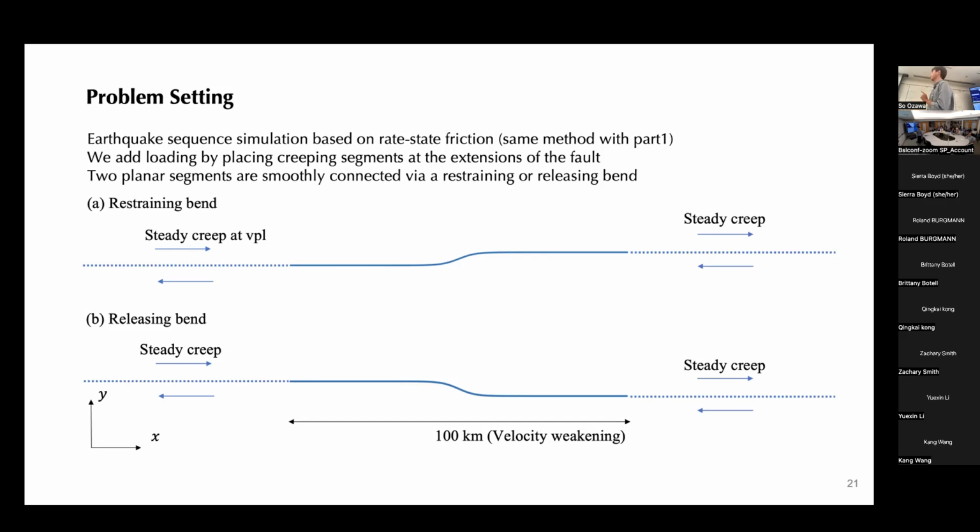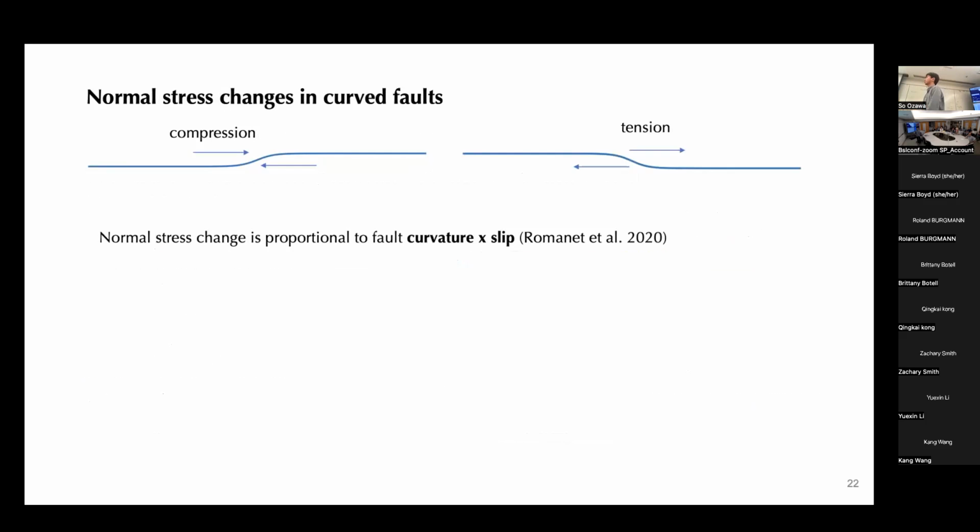But one important problem in nonplanar cycle simulation is normal stress change. You can imagine that if we slide the upper part rightward and the lower part leftward, you have a compression here at the bend, so it increases the normal stress here.